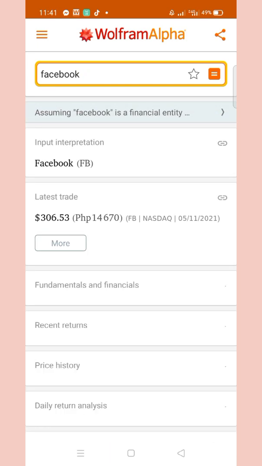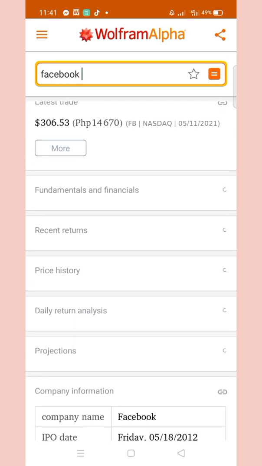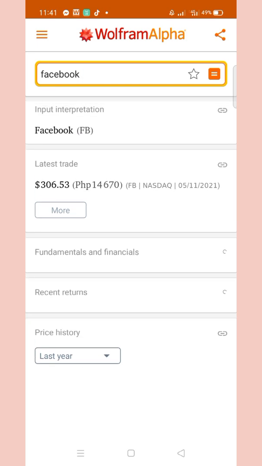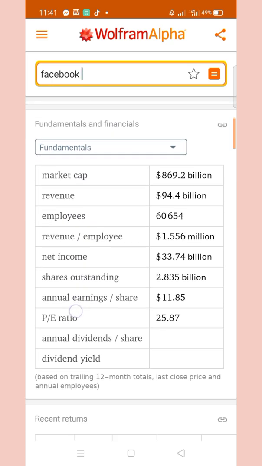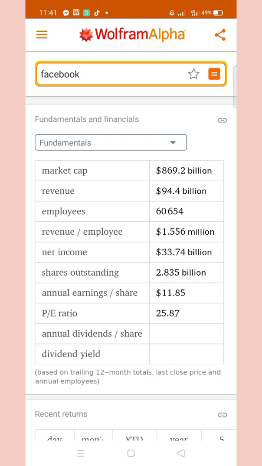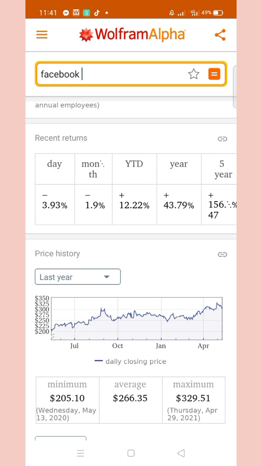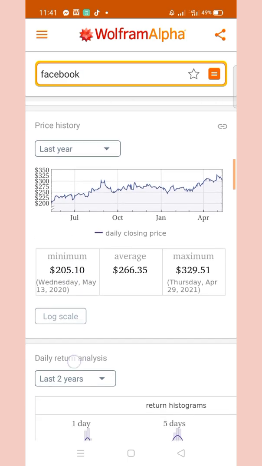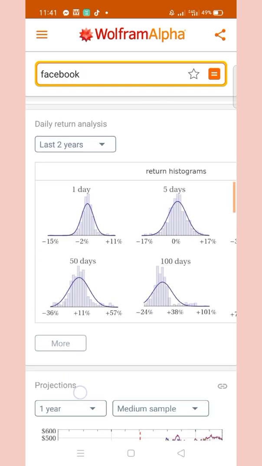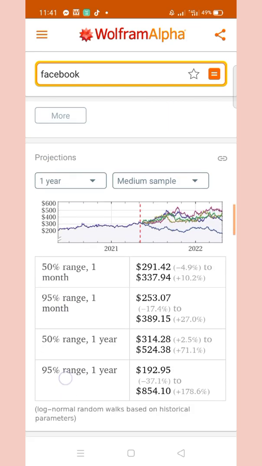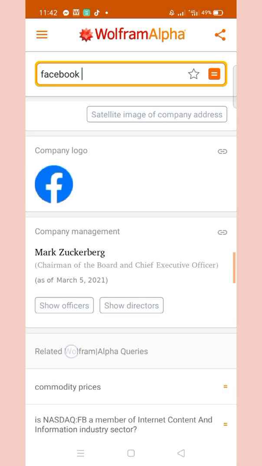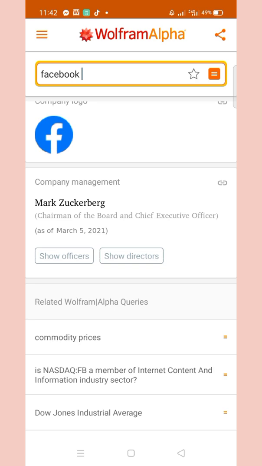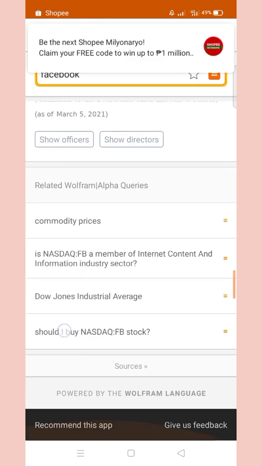So in Facebook or FB, latest trade, fundamentals and financials, recent returns, price history, daily returns analysis, projections, company information of Facebook, IPO date, location, website, and company logo, and then the chairman of the board and chief executive officer, Mark Zuckerberg.